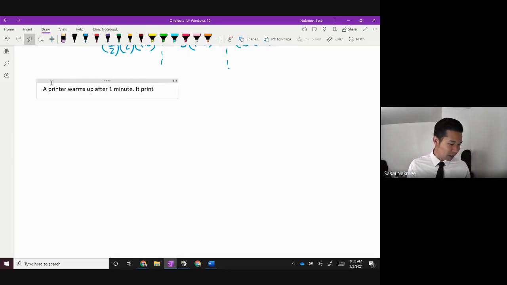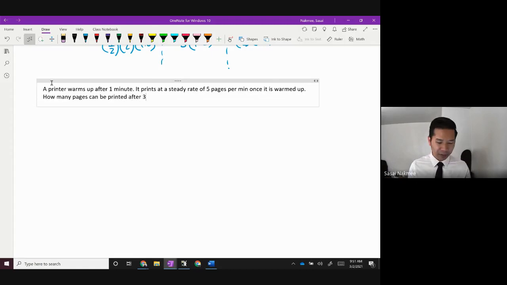It prints at a steady rate of 5 pages per minute once it is warmed up. How many pages can be printed after 3 minutes?